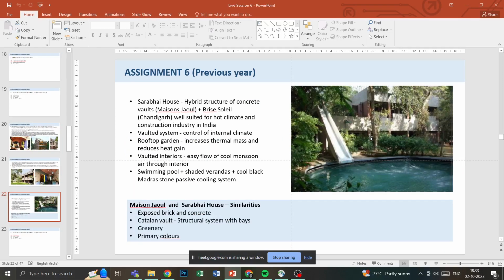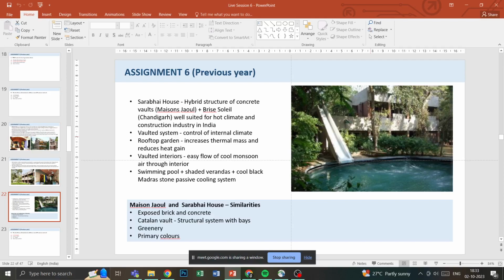move through easily. Sarabhai House is a hybrid structure of concrete vaults which has been inspired from Maison Raoul and Brise Soleil from Chandigarh. So Sarabhai House is considered as the combination of two of the famous works of Le Corbusier.